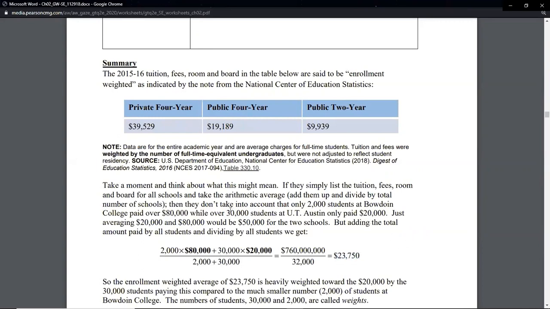So because there were a ton more, 15 times as many more students at Austin versus Bowdoin, the average is a lot closer to what they're paying than what the other people are paying.